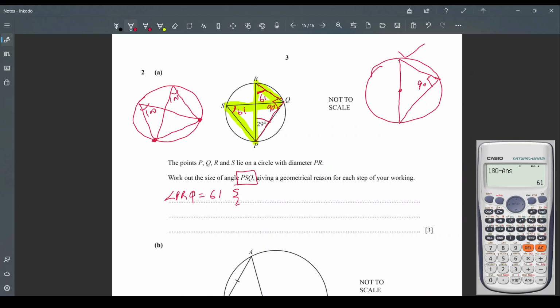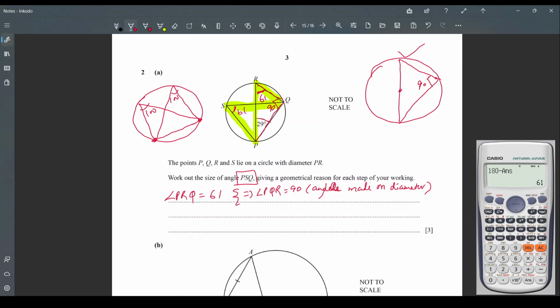The reason you will write, you got angle PQR equals to 90, and you will write the reason as angle made on semicircle or diameter. Angle made on semicircle or diameter, both are correct.